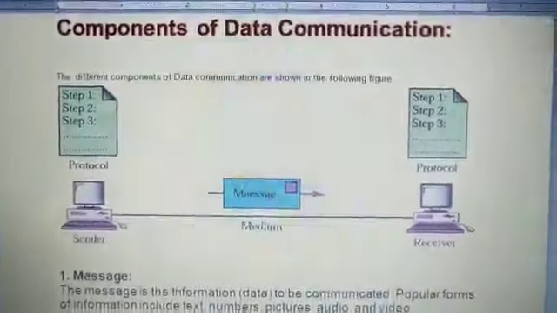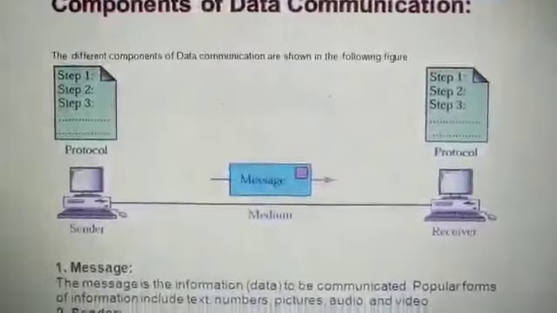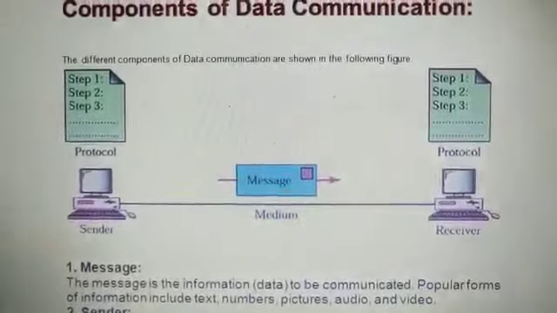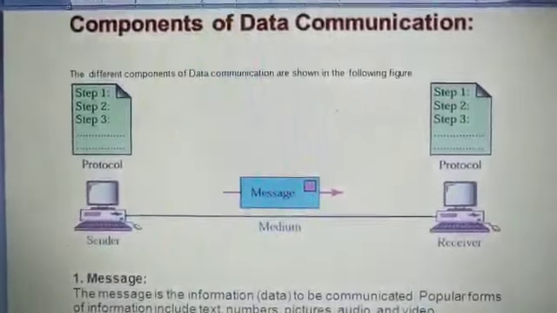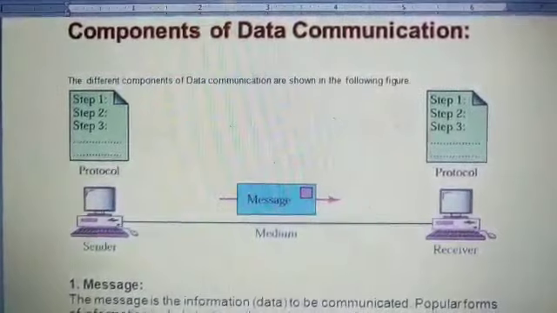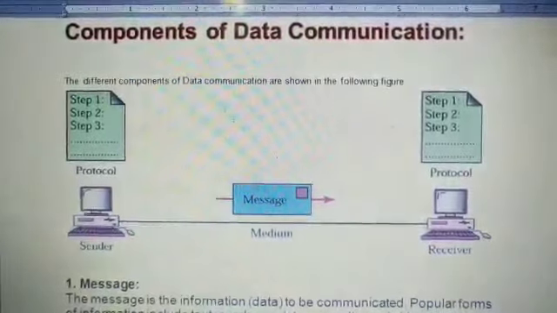At the receiver end, what happens? The signals are decoded, because whenever we transmit in the network, we use encoding. If anyone tries to hack the information, they are not able to retrieve it because it is in an encoded format.